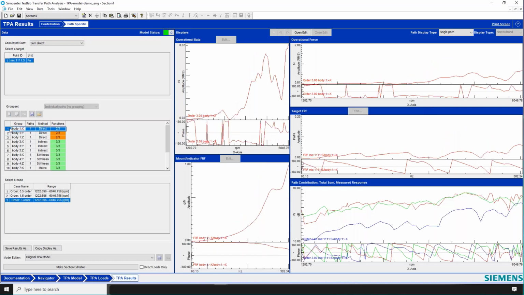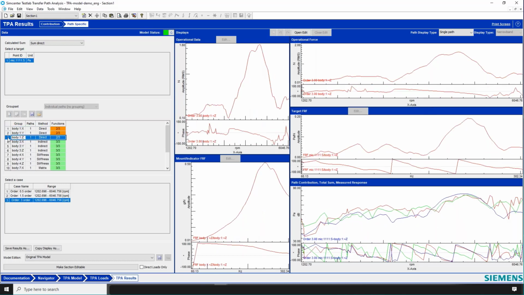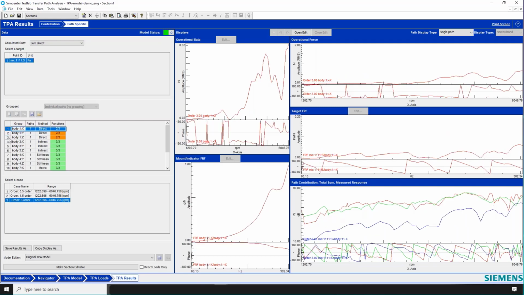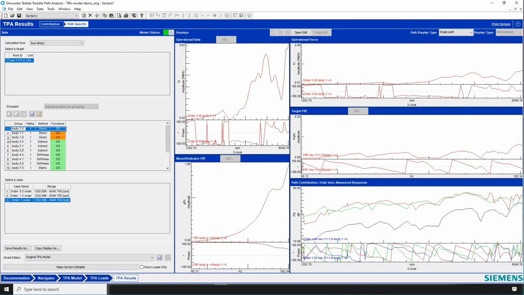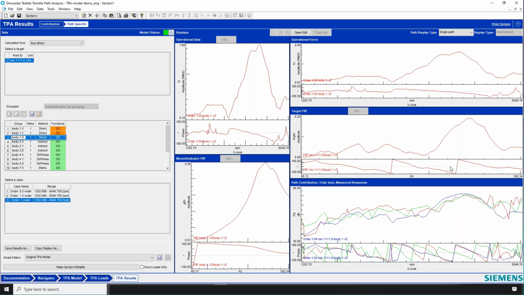If I was to look at body 1X here versus body 1Z, what do you think it is, Charles? The structure or the source? This is the forces. This is the FRF. Yeah, it's the perfect storm there because it looks like we have a high force and it's sensitive at that RPM as well. Yeah, it definitely is the perfect storm.